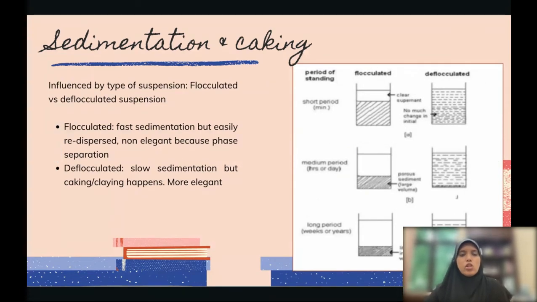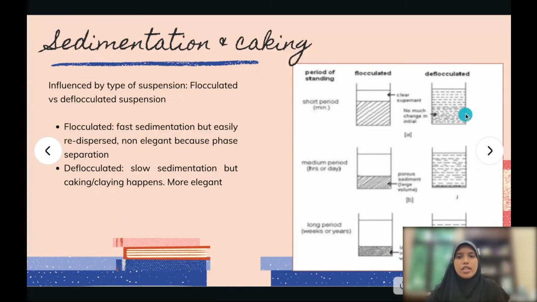The sedimentation will also be influenced by the type of suspension. We have two types of suspension, flocculated and deflocculated suspension. If you refer to this figure here, flocculated suspension has a faster sedimentation rate, but the formation of cake will be less likely.